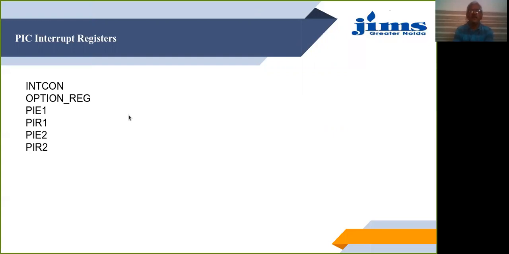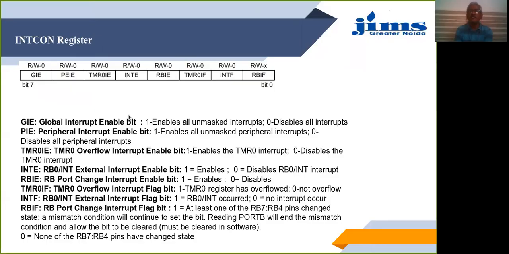Now, after having seen these registers, let us discuss them in detail one by one. The INTCON register is basically an 8-bit register, and this register is basically used for setting the interrupts. Let's see what these different bits of the register are.